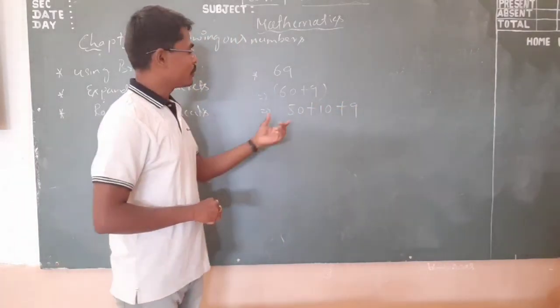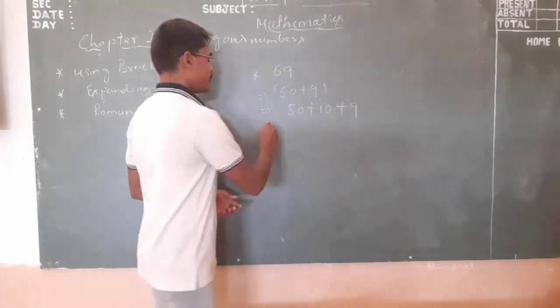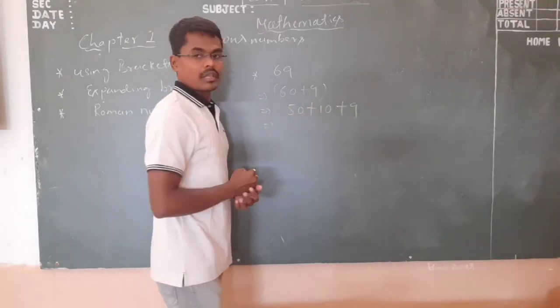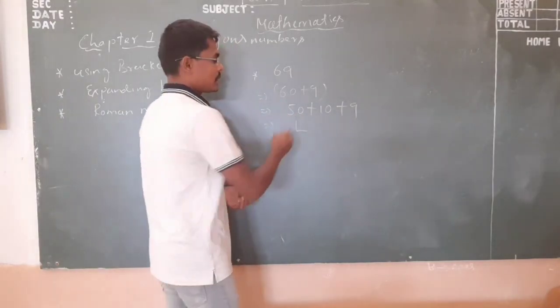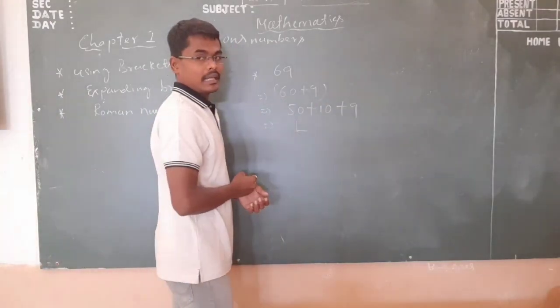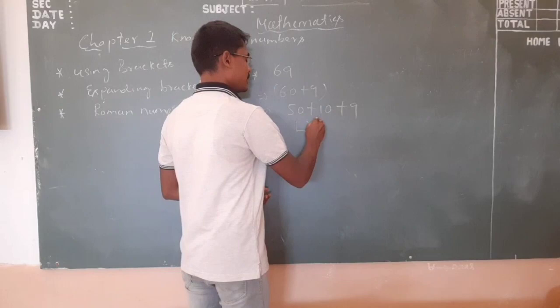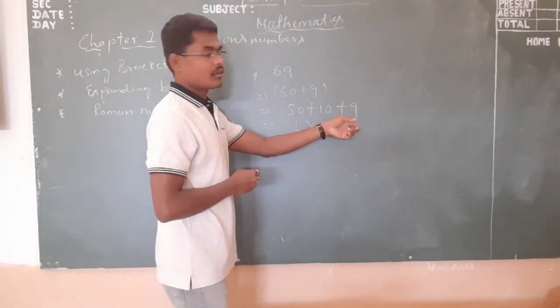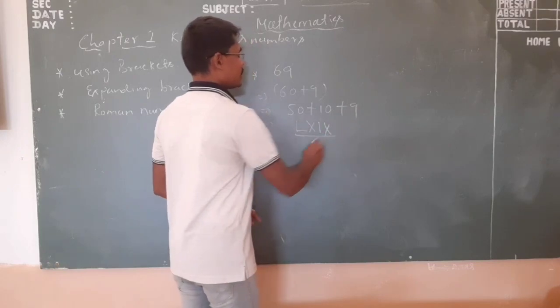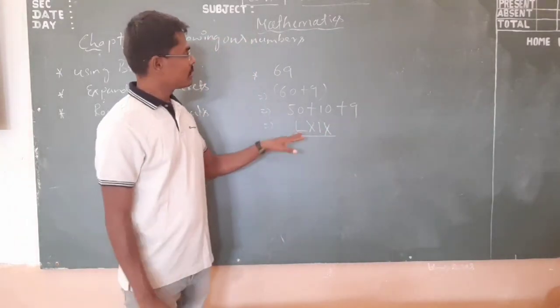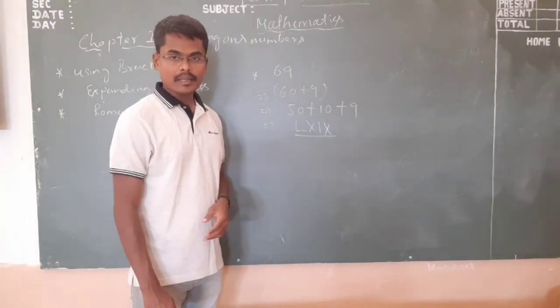Like that I am going to expand this number, and we know that for number 50 we use the symbol L. Then the 10, how are we going to represent? X. Then for 9 we are going to write like this. This is how we are going to write the number 69.